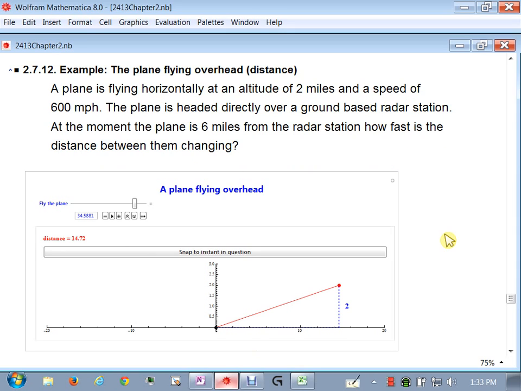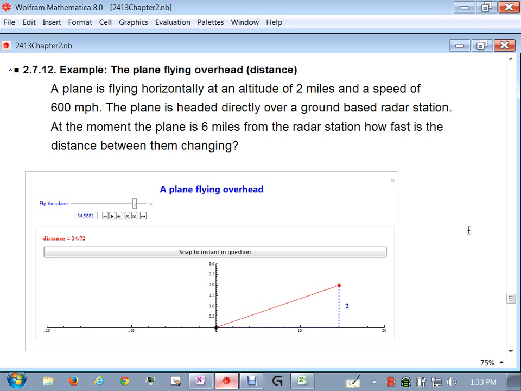They all have their own sort of geometry that's involved, but they all have something in common in the sense that you'll always try and draw pictures. You'll always have to come up with an equation. You'll always have to differentiate it, and then you always have to plug stuff in, all right? But there's no limit as to what formula we have to grab. Could be surface area, could be, like in this one, some stuff with right triangles, could be trig functions.